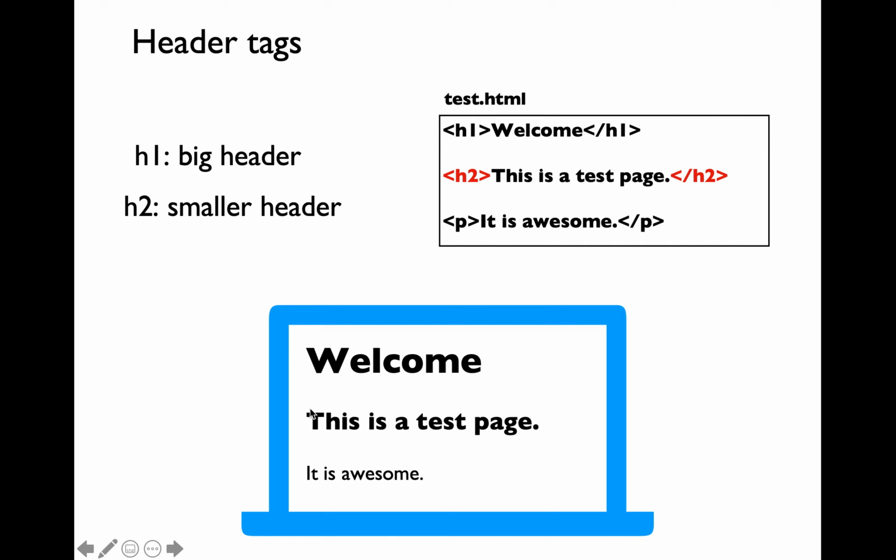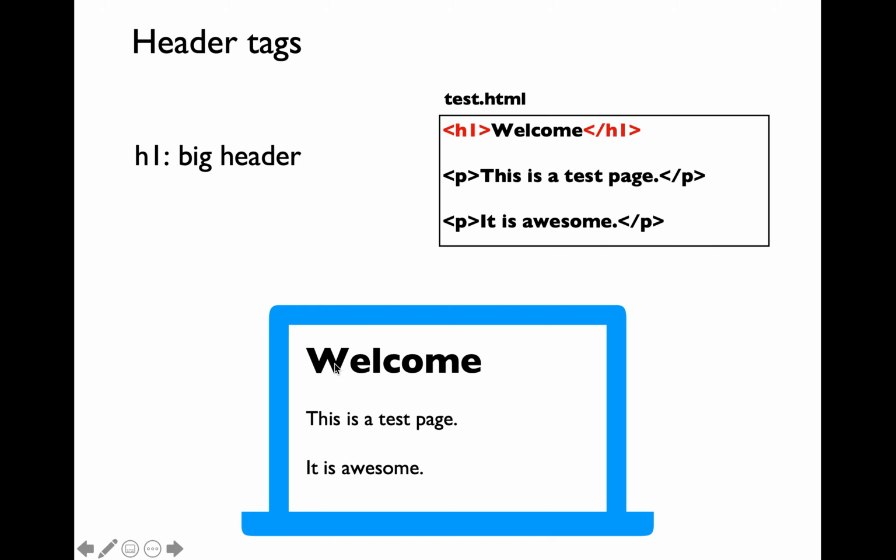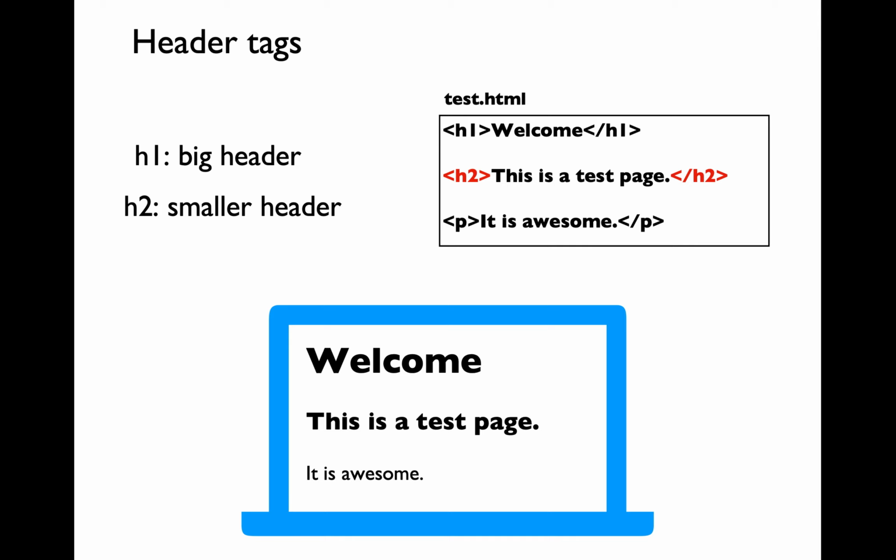Notice that this is a test page is smaller than welcome. In the previous example, this is a test page was just a text that got displayed on the browser. Whereas when I switched it over to H2, that changes the format to a little bit of a different header tag format. Last I checked, there are 6 different versions of the H tag, so you can go anywhere from H1 to H6.